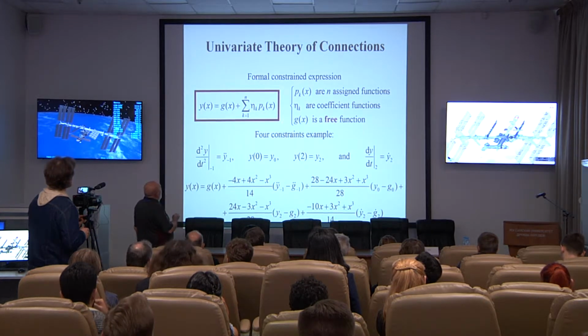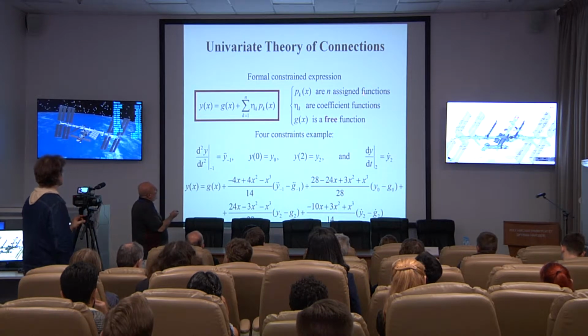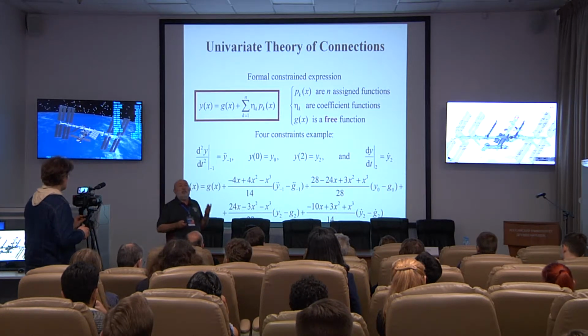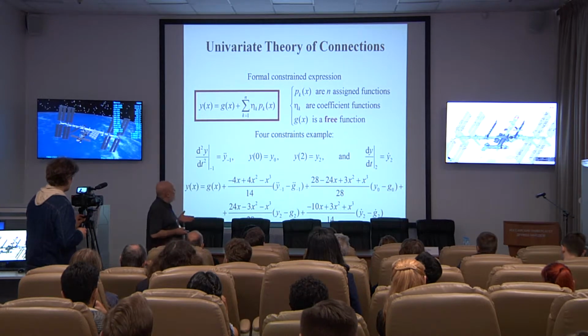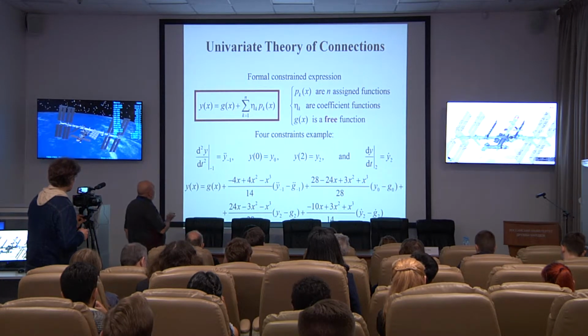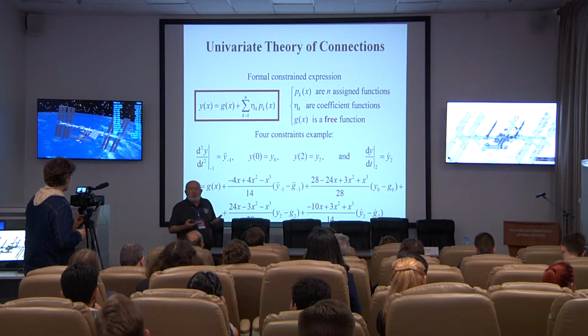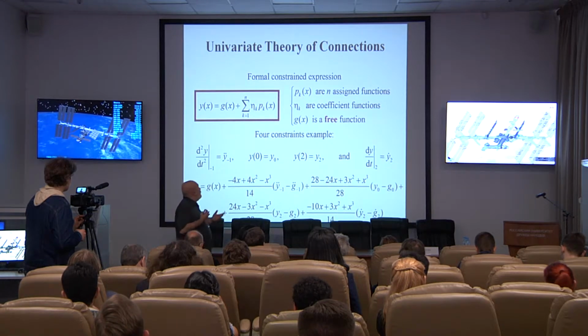And these are a set of n assigned linearly independent functions. So you can choose monomial, Fourier, whatever you want, a combination, whatever you want. And these eta k are some coefficient functions.